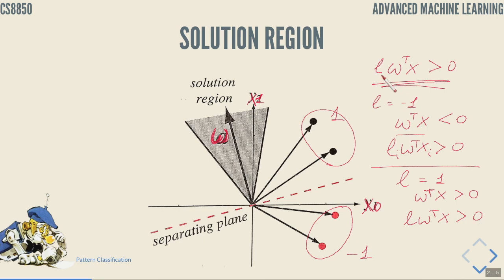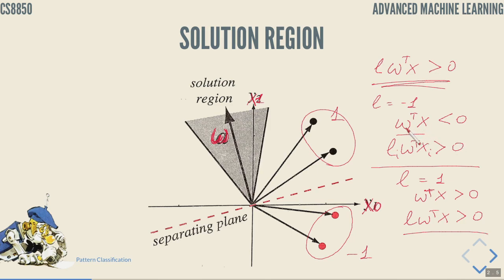So if we make labels negative and positive and multiply our classification by those labels, we know that a positive result means correct classification, and a negative result means incorrect classification.